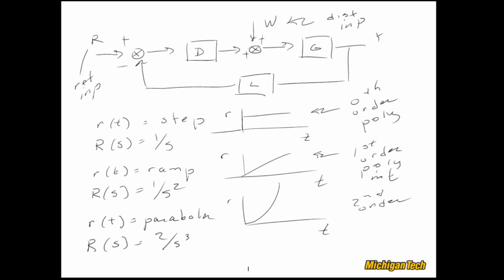With that background, let's go ahead and define system type. We actually have two different versions of system type. We'll have type with respect to the reference input, R, and we'll also have type with respect to W, the disturbance input. Regardless of which one we're talking about, we can define it in the same basic way. Type is an integer.